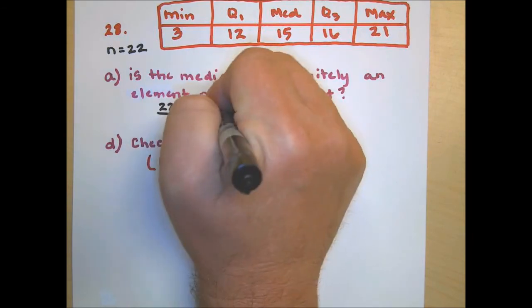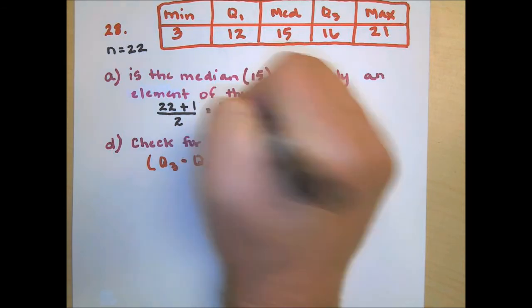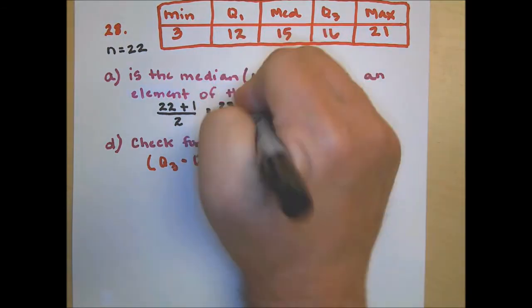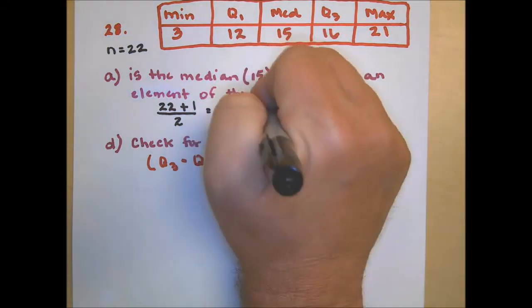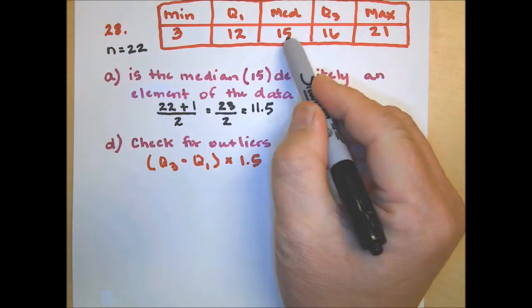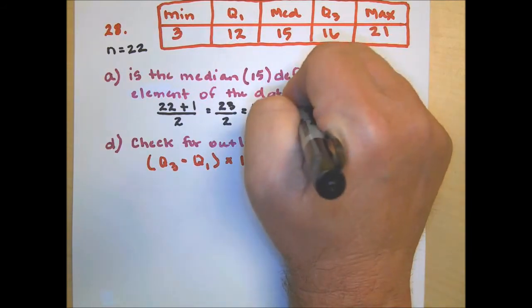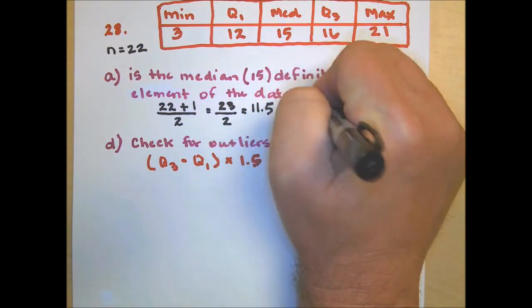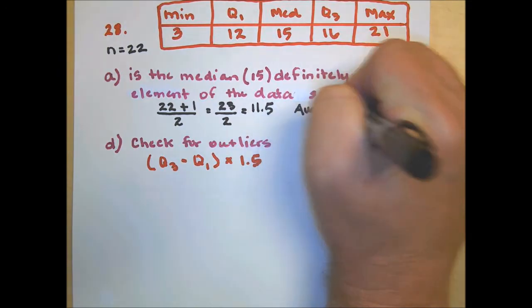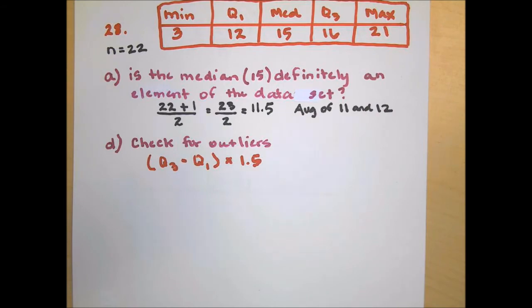So now we're at 23 over 2, which is 11.5. Now what that tells us is this median right here, the median of 15, is the average of the 11th and the 12th piece of data in our data set.